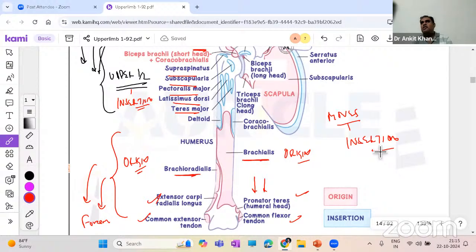Let me give you an example. You are walking on the road. Now your foot is stabilized. Forget about walking, you're standing. Once you're standing, your lower limb muscles are contracting, but your foot is stabilized on the surface. Clear? Second scenario, you're sitting on a chair and your foot is hanging, not placed on the surface. Suppose the chair is at a higher level.